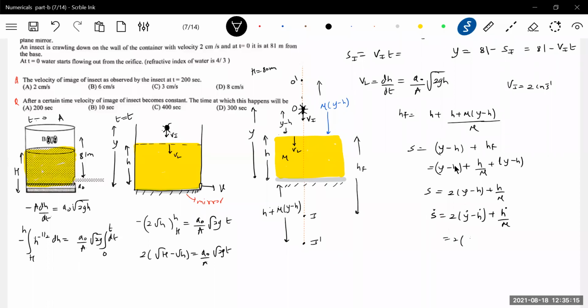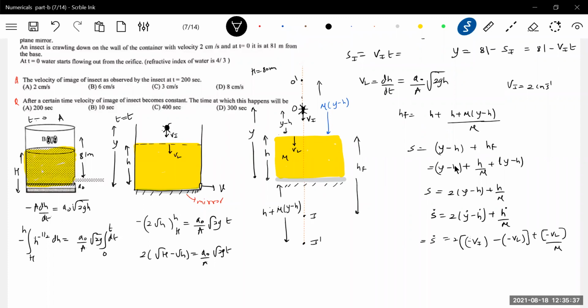H dot is VL. Okay, this will be minus VI. We'll always substitute the sign. This will be minus VL. Again, H dot is minus VL by mu. So now, what is it asking?